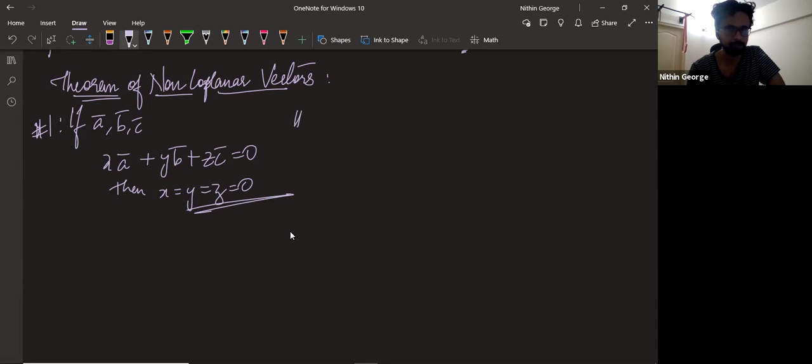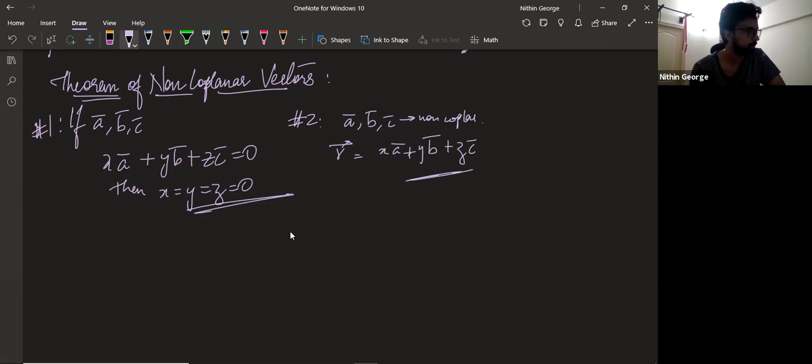The second part: if A, B, C are non-coplanar, then any vector R can be expressed as a linear combination of A, B, and C. It's given that any vector R can be linearly represented as a linear combination of three non-coplanar vectors.